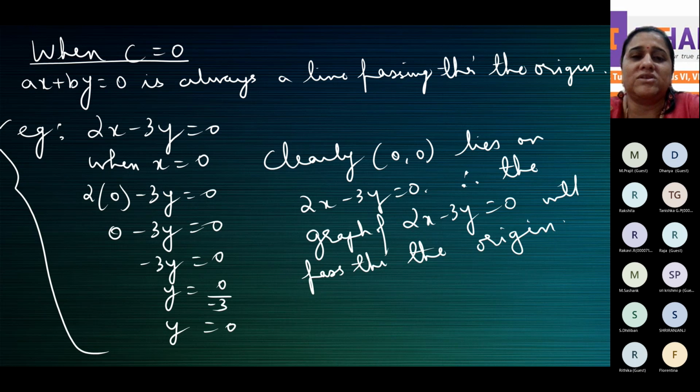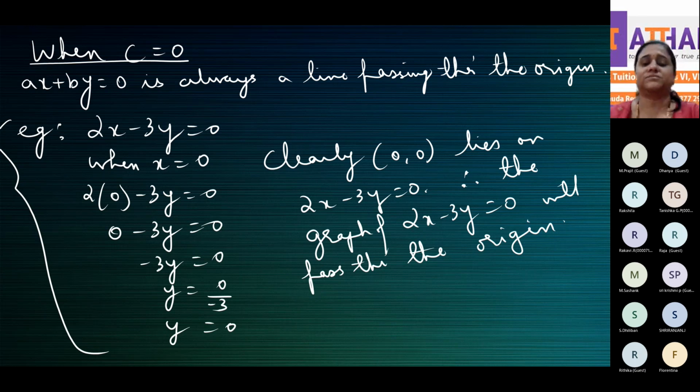So that means 0, 0 will be a point on the line. If 0, 0 is a point on the line, that means it passes through the origin. Only if the line passes through the origin, 0, 0 can lie on it. That is why when C is 0, that is when that constant is missing, the graph of the equation will pass through the origin.